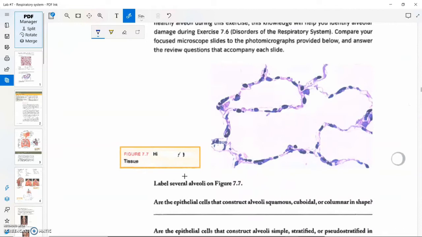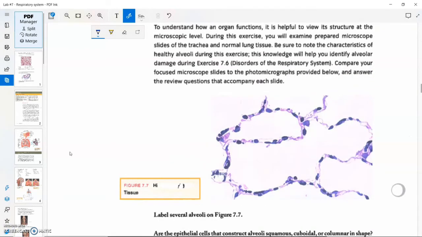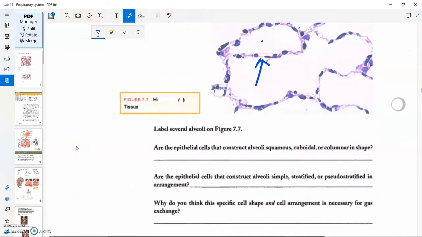Histologically, if you look at alveoli, they are covered with simple squamous epithelium. You can see the walls of alveoli. The cells are squamous, and the epithelium has a simple arrangement.